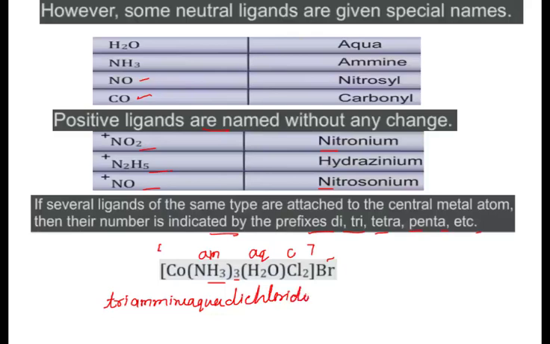The name should end in O, chlorido, and then cobalt, then its oxidation state. Its oxidation state will be 2 + 1, 3. So 3, and then leaving some space and bromide.